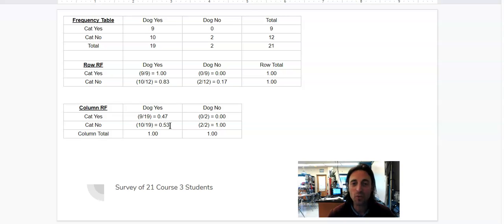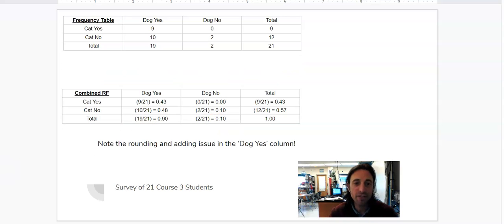What's interesting is then when you compare that to non-dog owners, well, 0% of non-dog owners have cats, and 100% of non-dog owners don't have cats.